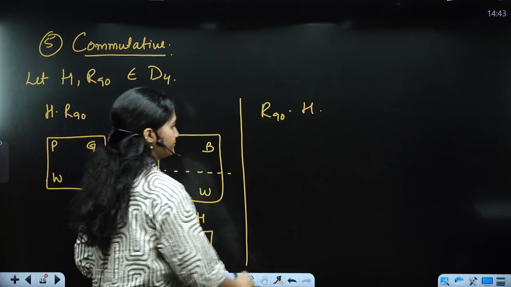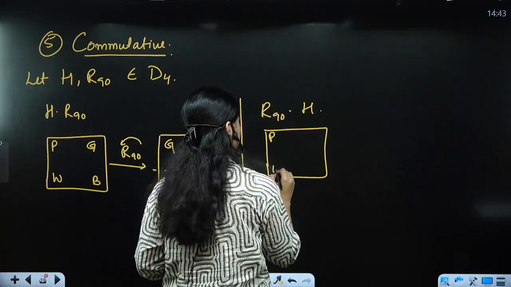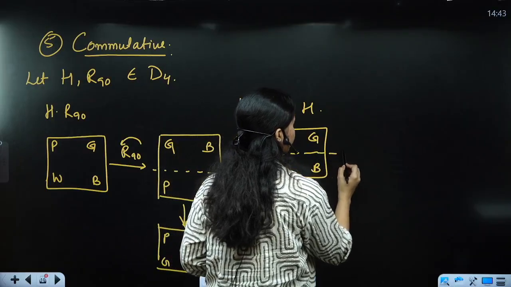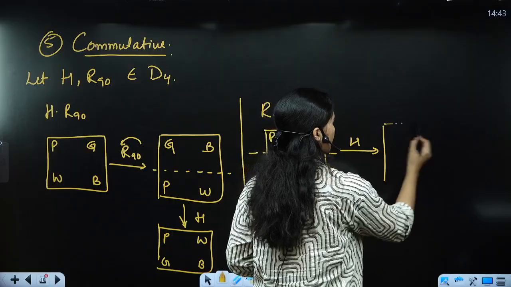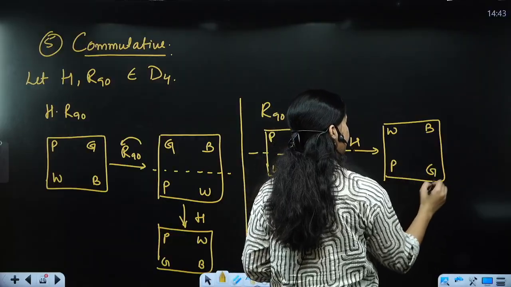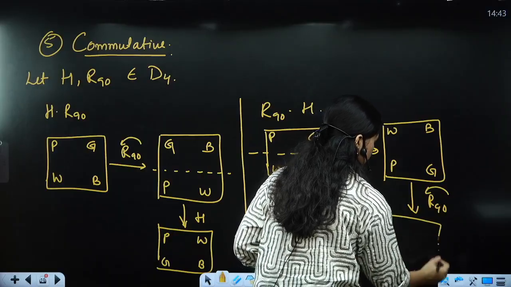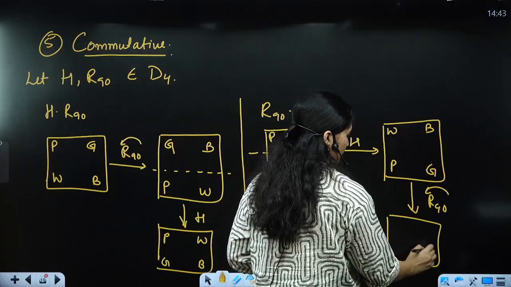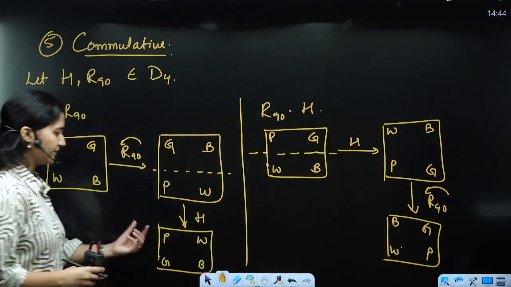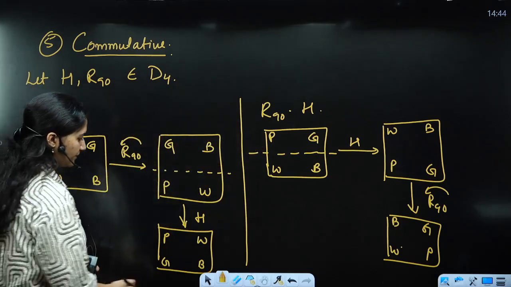Now on this hand, first you are supposed to apply horizontal reflection. So this is going to give you W, B and P and then you are supposed to rotate it through 90 degrees anti-clockwise. So this is going to be your P and W, right? So clearly we can see that h dot r90 and r90 dot h are not equal.